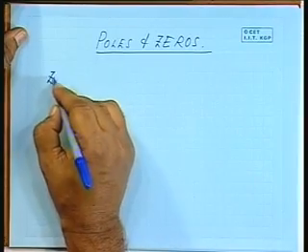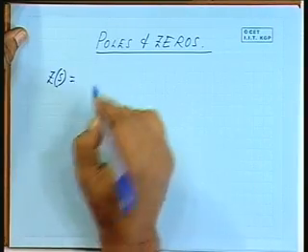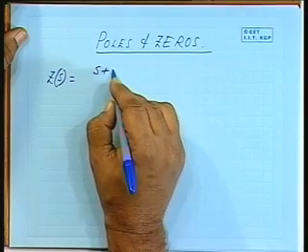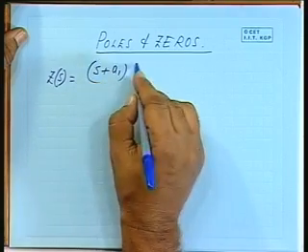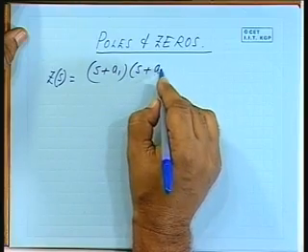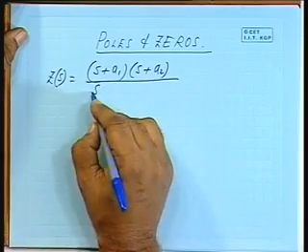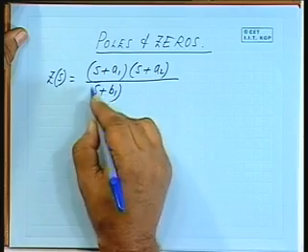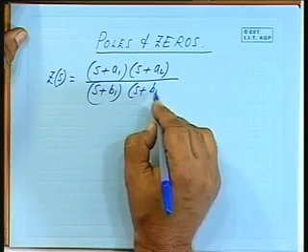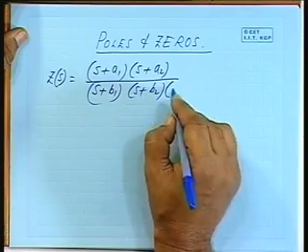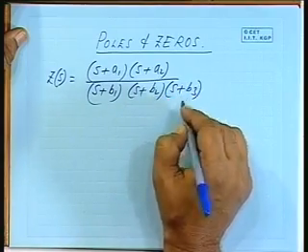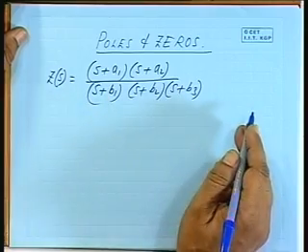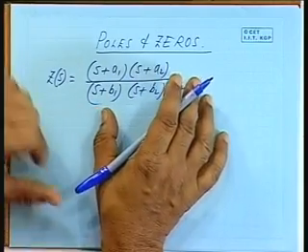Suppose we have a function Z(s) equal to (s plus a1) into (s plus a2) divided by (s plus b1) into (s plus b2), or maybe (s plus b3) also. When we make partial fractions of such functions, it may be just the response function, or when Z(s) is there, if you give an impulse input, then this itself will give you the output function.